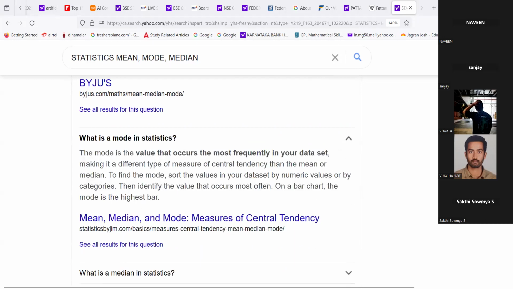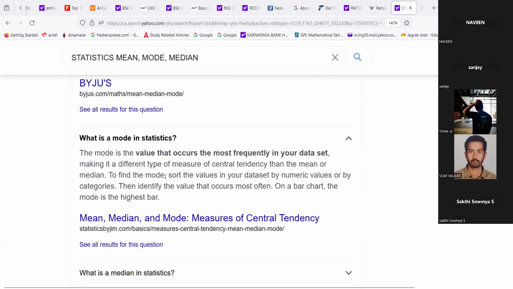For example, what is mode in statistics? The mode is the value that occurs the most frequently in your data set, making it a different type of measure of central tendency than the mean or median.